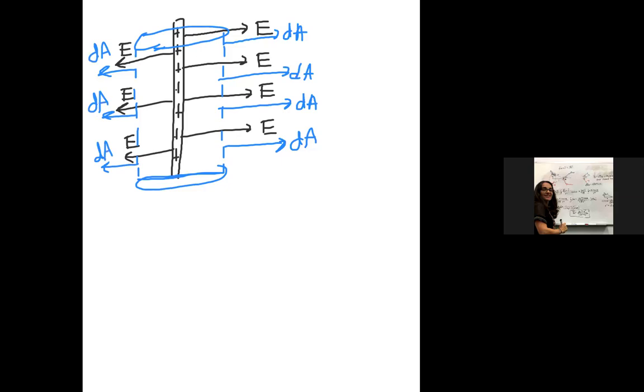My Gaussian is going to have a length L. I need to know that, so I'm going to need to know something about areas.